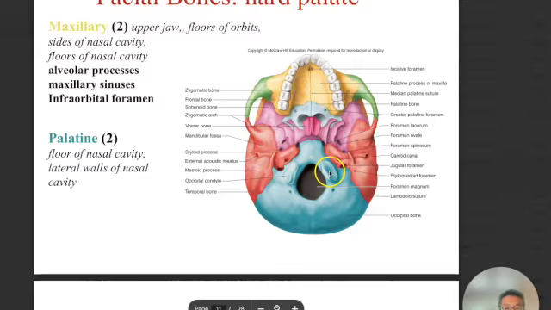A couple of things are easier to see here, but it's not as easy to see in the actual bone. But we'll go over it here. This one is the jugular foramen. Carotid canal. These three are also in the lab. Foramen lacerum.